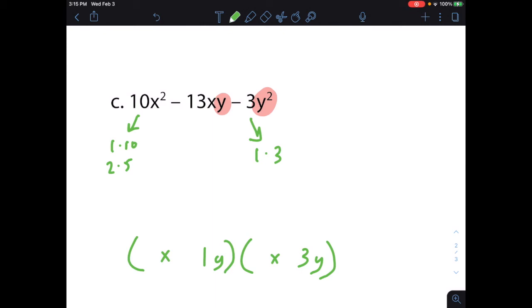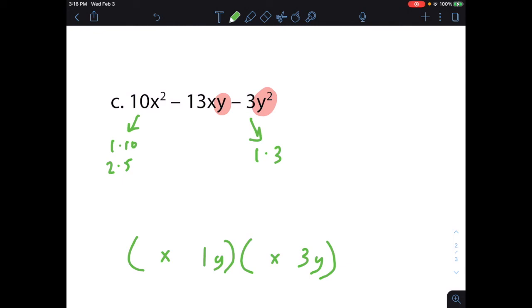So let's think about this first, though. We have a -13 in the middle, and we're going to be multiplying by a 1 and a 3, and we've got a 1 and a 10 and a 2 and a 5.